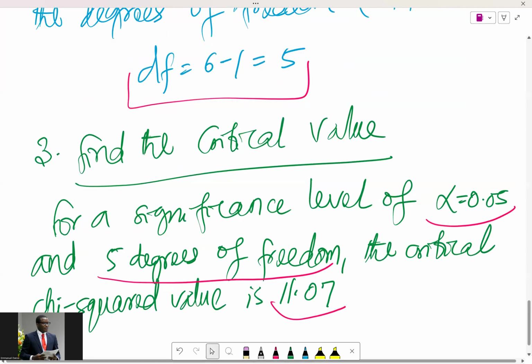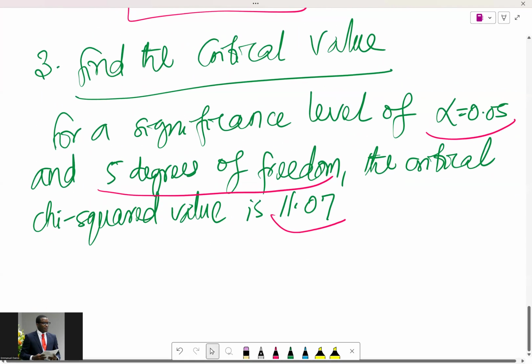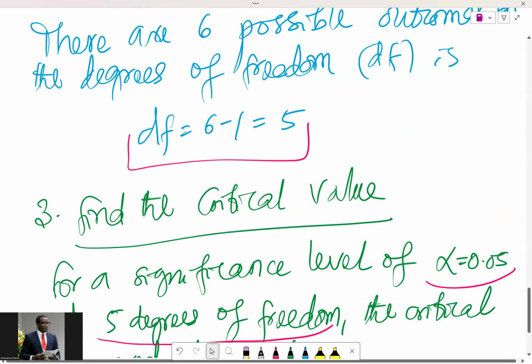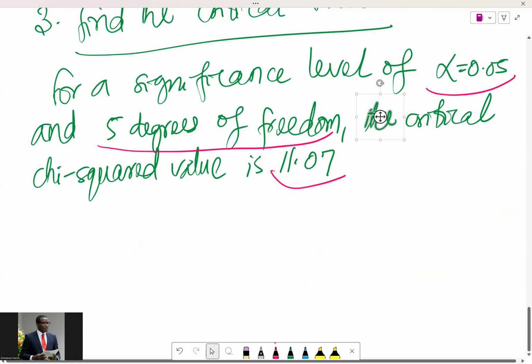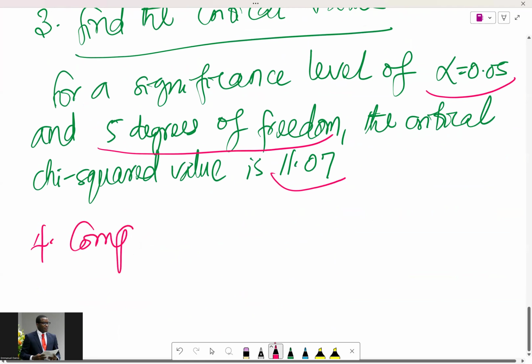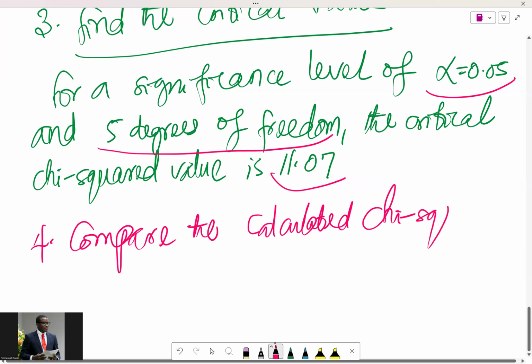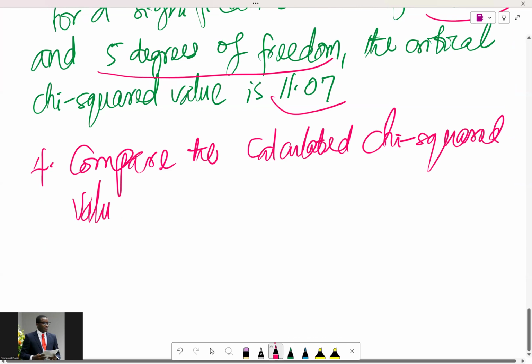Now we have calculated the chi-squared from the test statistic, and we have got the critical value. So we have a basis for comparing both of them. Step 4, we compare the calculated chi-squared value to the critical value.